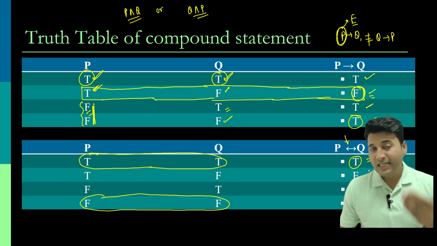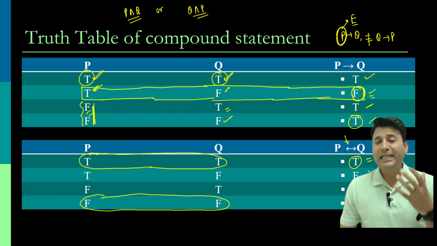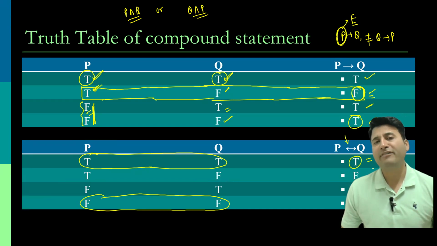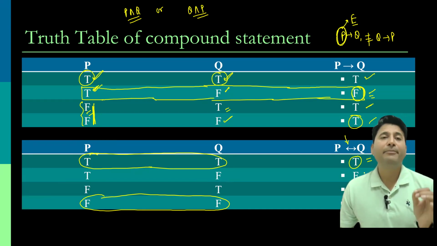In other words, we can also understand it like this: if inputs are not of the same nature, then the output is always false, if you are connecting your propositions by the biconditional connective.